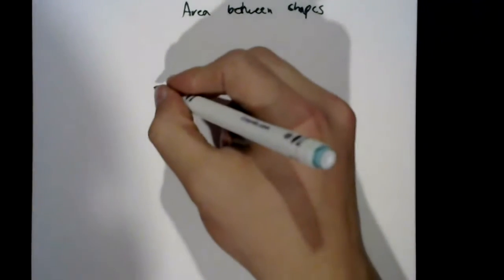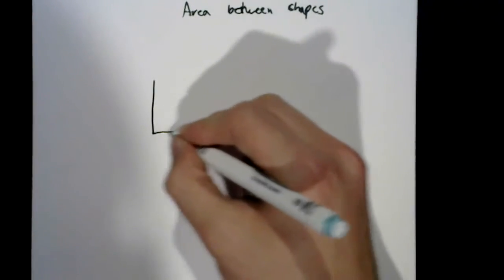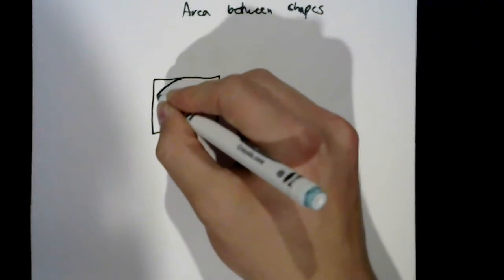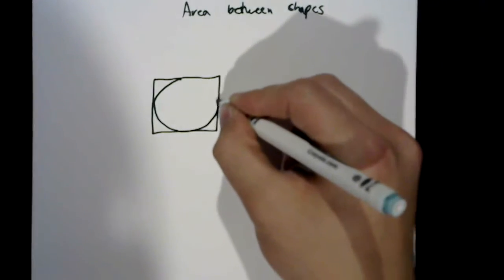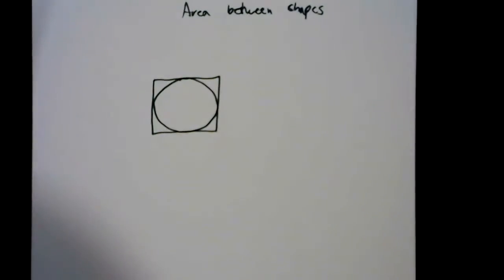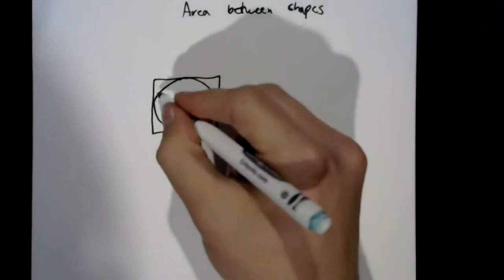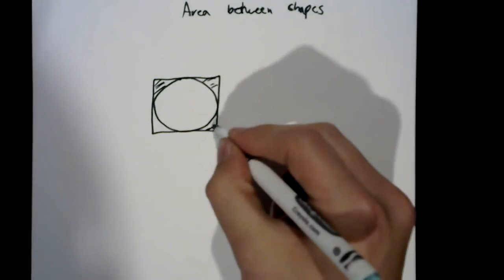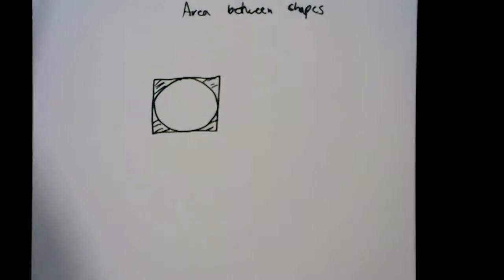For example, they give you let's say a square, and they give you a circle that's a very not well done circle, but it's good enough. But they want you to find the area of this, this, this, and this.